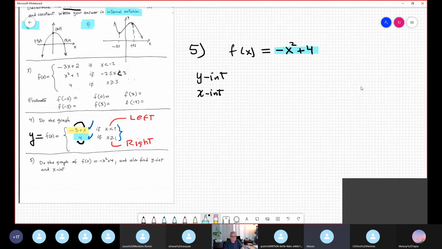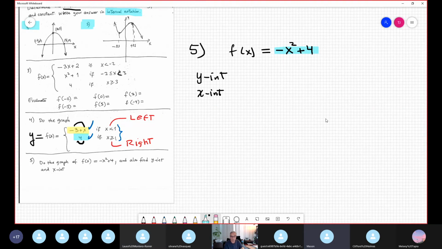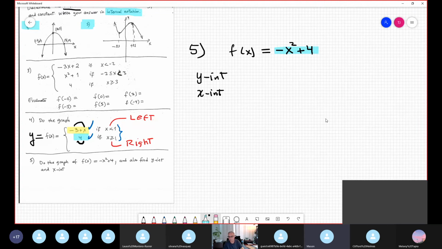Okay, good. Okay. So I repeat again. And we're doing number 5. And number 5, one function is given. And the question says, do the graph. And the question says, important thing, find y-intercept and x-intercept. It's a specific point. Okay, Dylan.